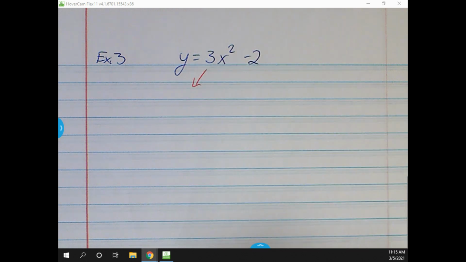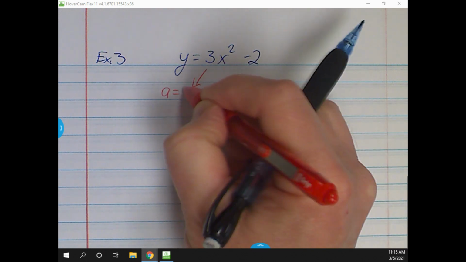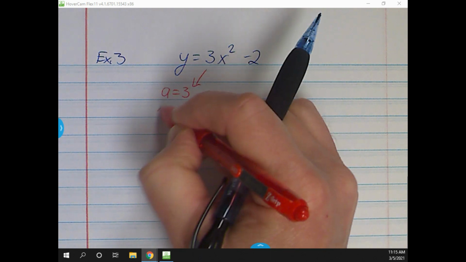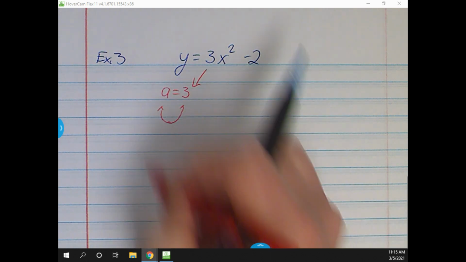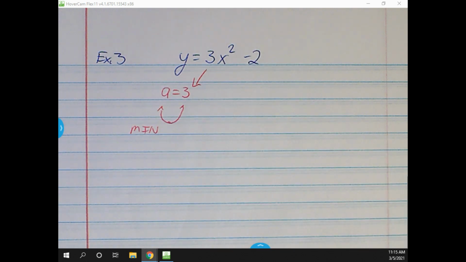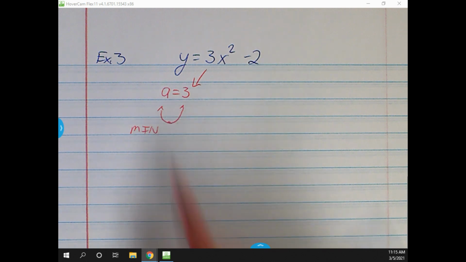Whatever's in front of x squared, that is your a value. So the a value is 3. Again, it's still positive, so we know the vertex is at the bottom. We know it's going to be a minimum. And again, you can get all that information just from the a value.